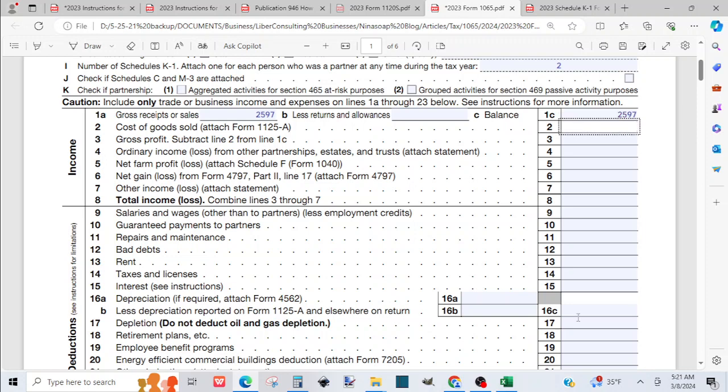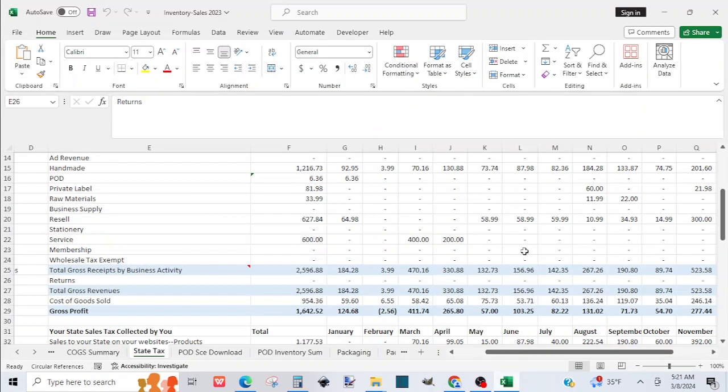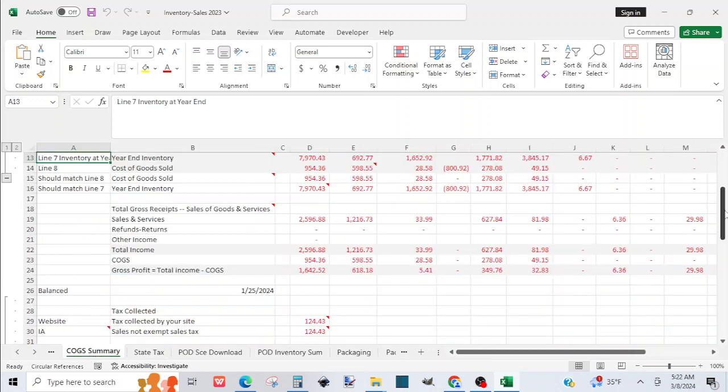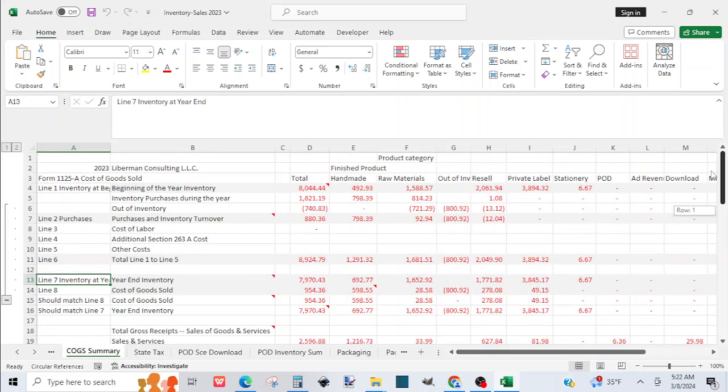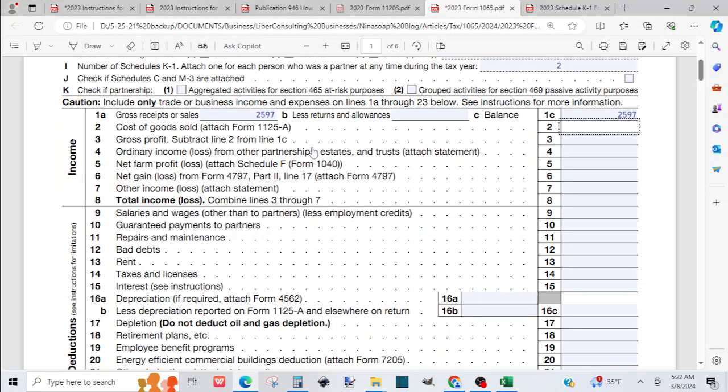Since we have inventory, we'll go back to our inventory spreadsheet to find our cost of goods sold. If you are tracking inventory, you will be required to file Form 1125-A to report your beginning inventory, purchases during the year, and year-end inventory to find the cost of goods sold.